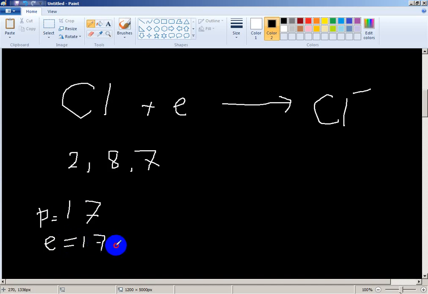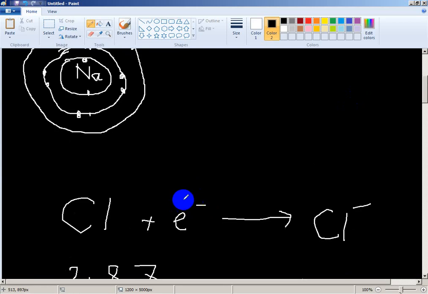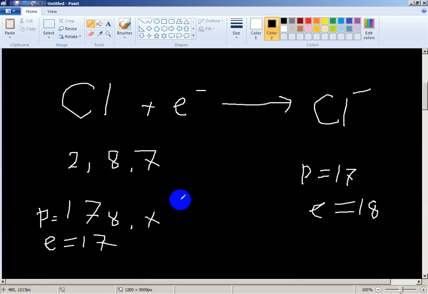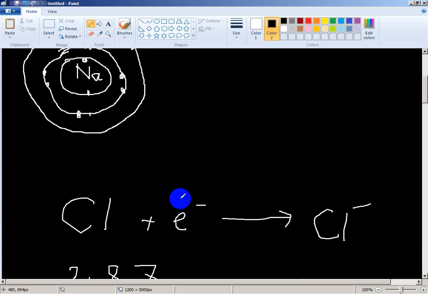When it gains 1 electron, the proton number remains 17 but the electron number becomes 18. So the electron number is more, by 1, so it is 1 negative. This way positive and negative ions are formed.